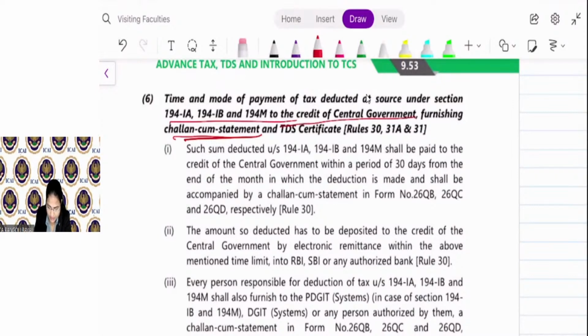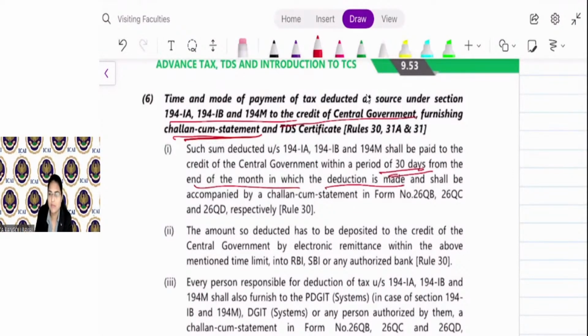If you have deducted TDS under section 194IA, IB, or 194M, then you have to deposit such TDS to the account of the government within a period of 30 days from the end of the month in which deduction is made.